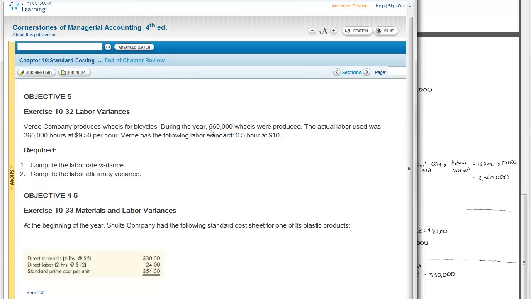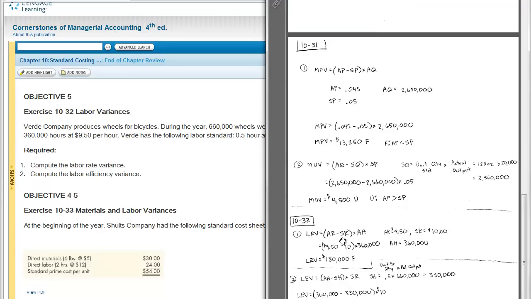We're told that during the year 660,000 wheels were produced. We're told some actual information about labor. And we're told about the labor standards. First up, we are asked to compute the labor rate variance.